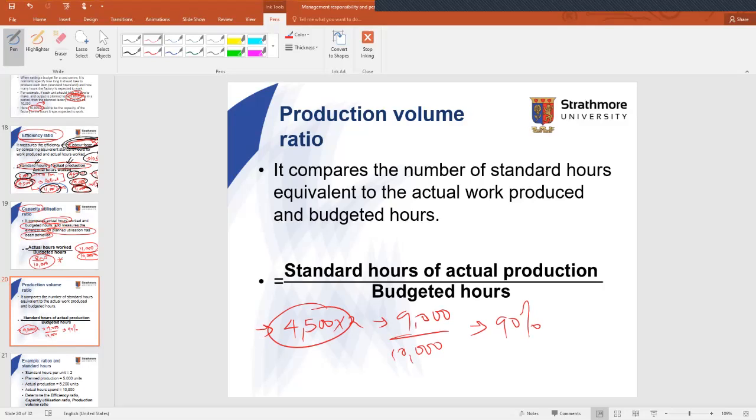Our budget was 10,000, but in this case we are meant to have taken 9,000 hours. Good or bad? This is now good. In this example, this is quite good, because you went below your budget. You don't want to supersede your budget to make those units. And that's on those ratios: the production volume ratio, the efficiency ratio, and the capacity utilization ratio.